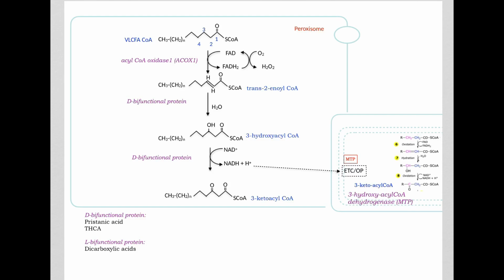In the mitochondria, the enzyme that carried out this reaction was the 3-hydroxyacyl-CoA dehydrogenase that was part of the MTP protein. In the peroxisomes, this reaction, similar to the previous reaction, is catalyzed by D-bifunctional protein for very long-chain fatty acids, as well as for pristanic acid and the bile intermediates THCA and DHCA.